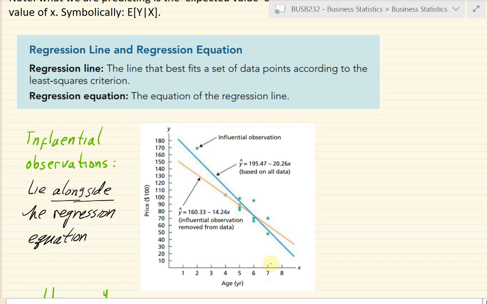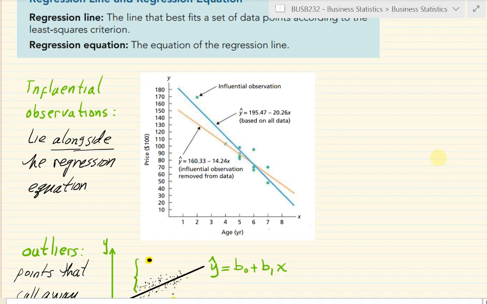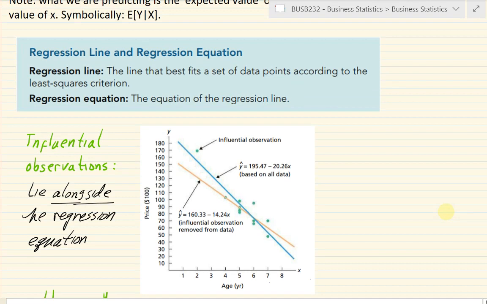What I want to talk about here is a couple of interesting ideas: influential observations and outliers. So here in this drawing you have 2 regression lines. This point is called an influential observation.